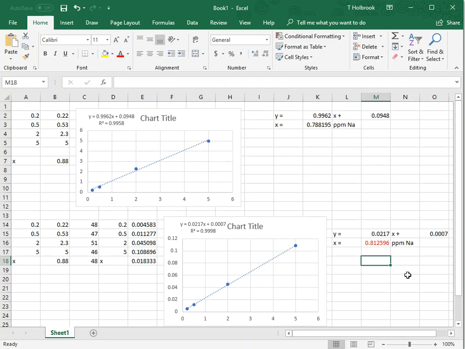Okay? So that's how we handle an internal standard calculation. You plot your standards just like before, but this time you plot them using the ratios. That's the only difference that you're doing. It's the ratio here. Your sample will have something similar. Therefore, you do the ratio for the sample.